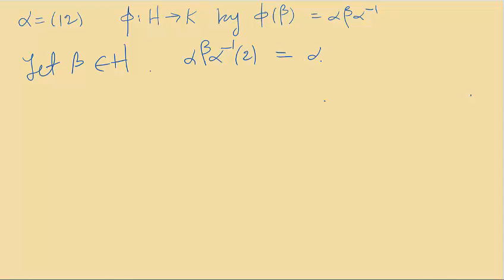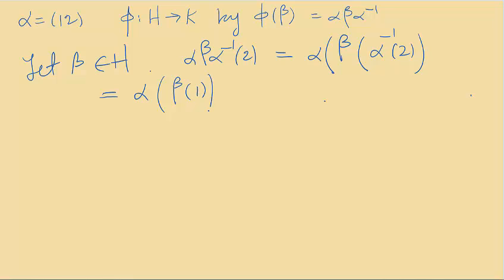That is alpha of beta of alpha inverse of 2. Well, alpha inverse of 2 is the same as alpha of 2. It sends it to 1. So this is equal to alpha of beta of 1. Beta is in H, so beta of 1 is 1, and we have alpha of 1.